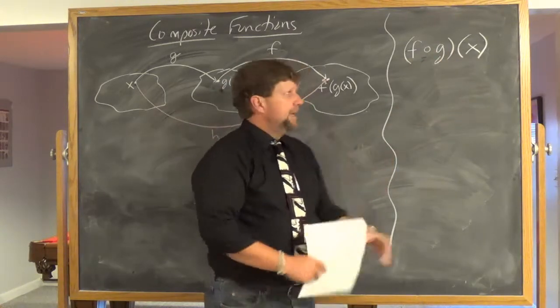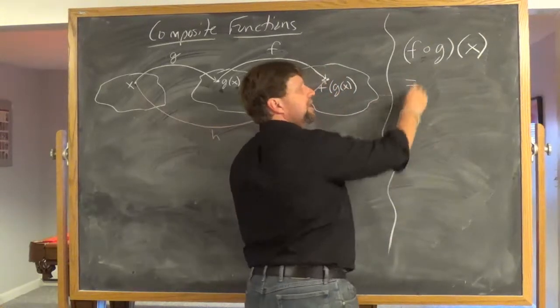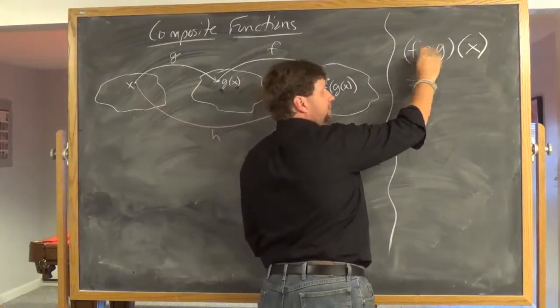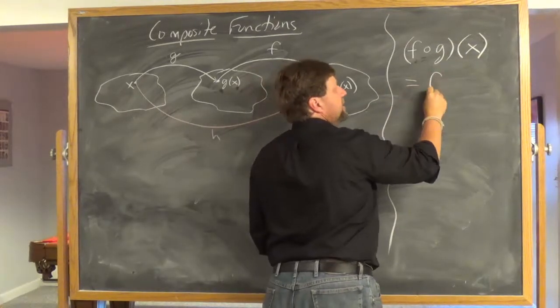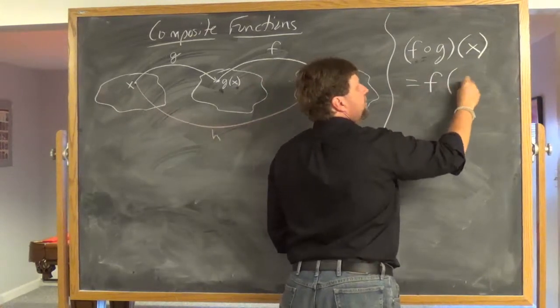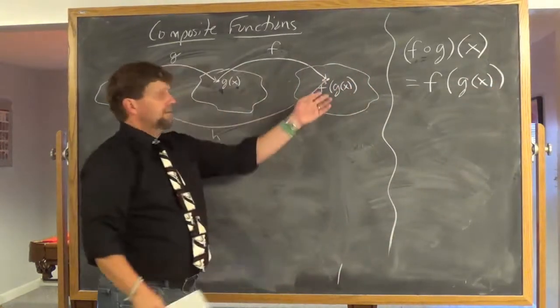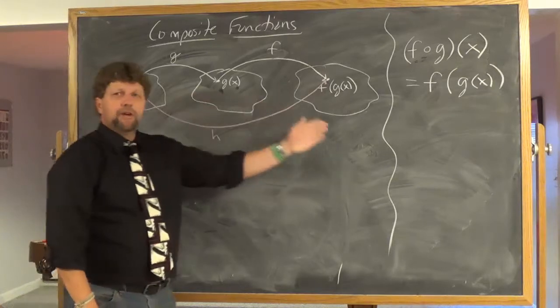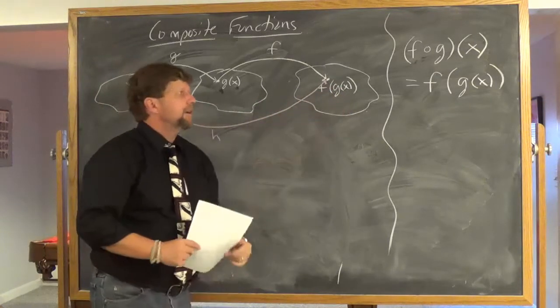And what that means is, this is the definition: to do the fog of x, or the f composed with g of x, you rewrite this as f of g of x, which is literally what my blob diagram is showing. This is f of g of x.